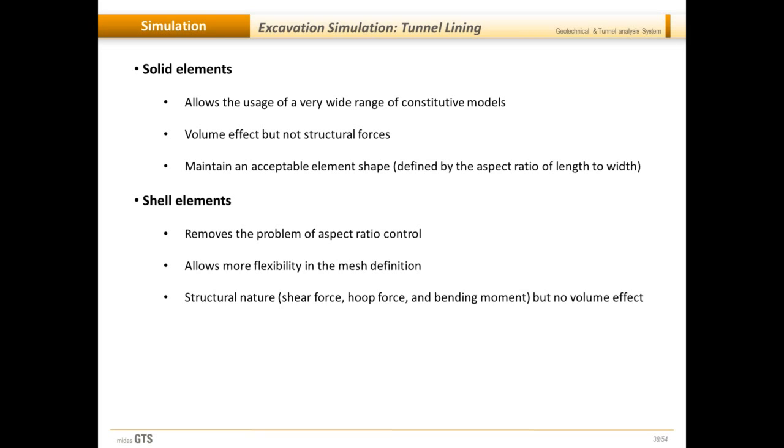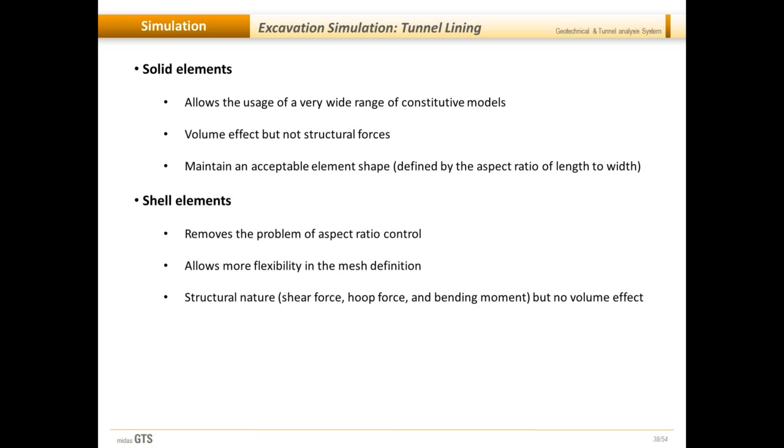Even if you use a certain thickness for your shell elements and the program might show you in rendering that there is a certain thickness to your lining, actually it is just a representative thickness that will affect its stiffness and will not simulate the volume effect. So engineers, if you are using shell elements, you will lose the volume effects and you will gain the structural nature.